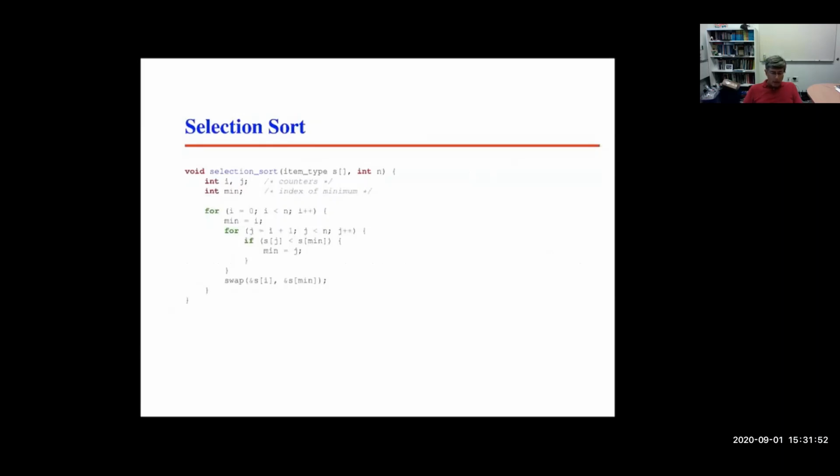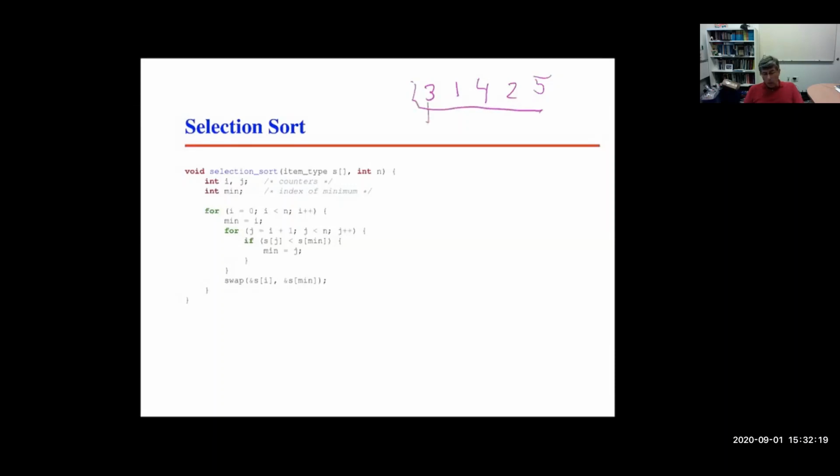So what is the algorithm I want us to first reason about? Selection sort. What is selection sort? It takes an array, let me try this: 3, 1, 4, 2, 5. If we want to sort an array like that, what does selection sort do?